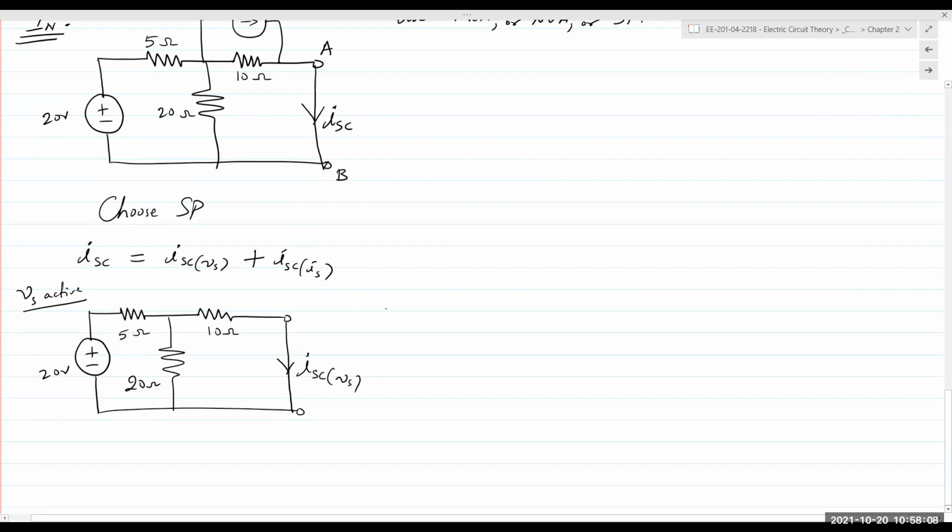So voltage across the 10 ohm resistor would be given by 20 volts times, let's see, 20 times 10 divided by 30. So 200 divided by 30 gives me 6.67. So 6.67 divided by 11.67 gives me the voltage as 11.428.